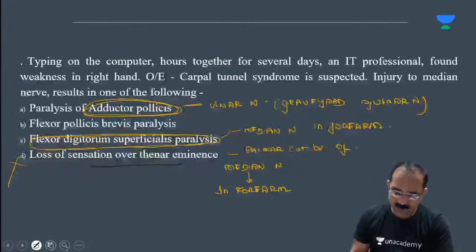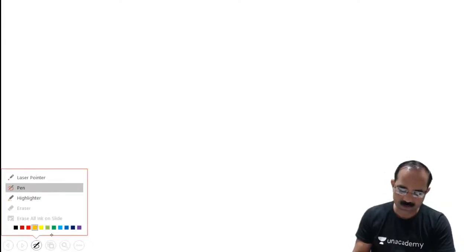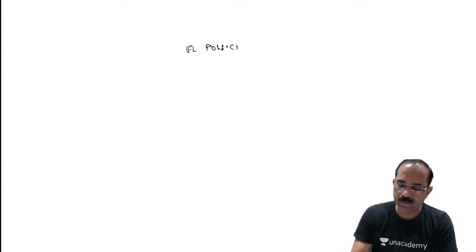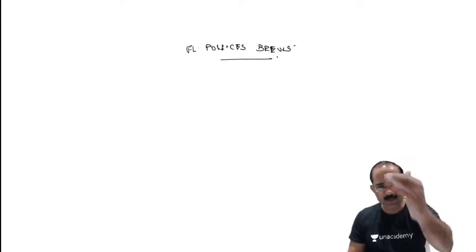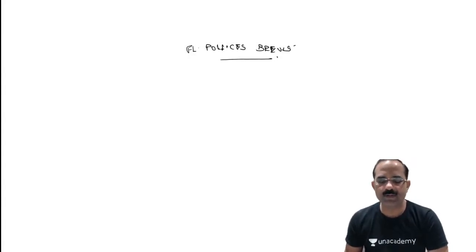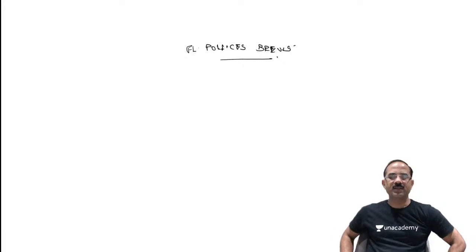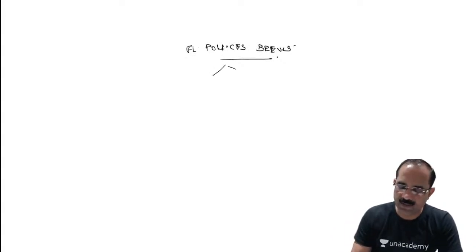Now this flexor pollicis brevis, students, I'll just tell you this. Flexor pollicis brevis. You tell me, this is a muscle of what? Where is this muscle? Can anyone answer this? Flexor pollicis brevis is a muscle of the thenar eminence. It has two heads.